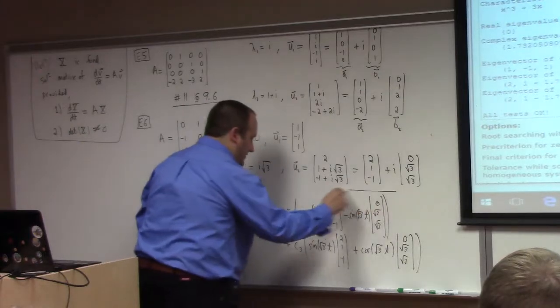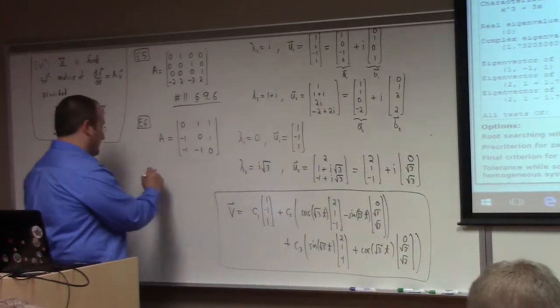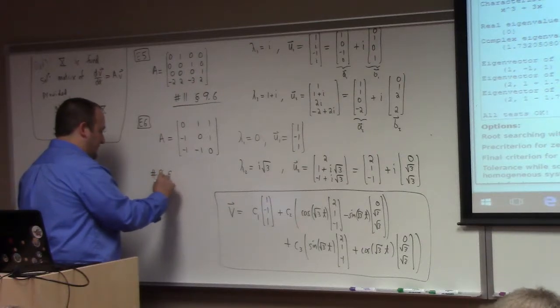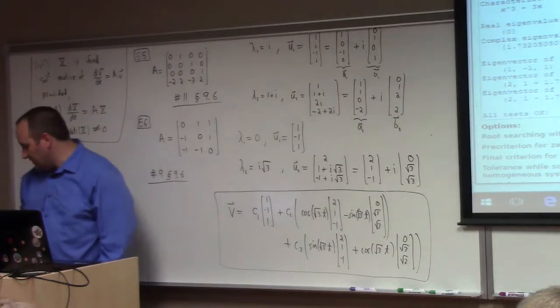And there you go. That's the general solution. Now, this is number 9, by the way, in section 9.6. So again, you can look in the back to check our answer.